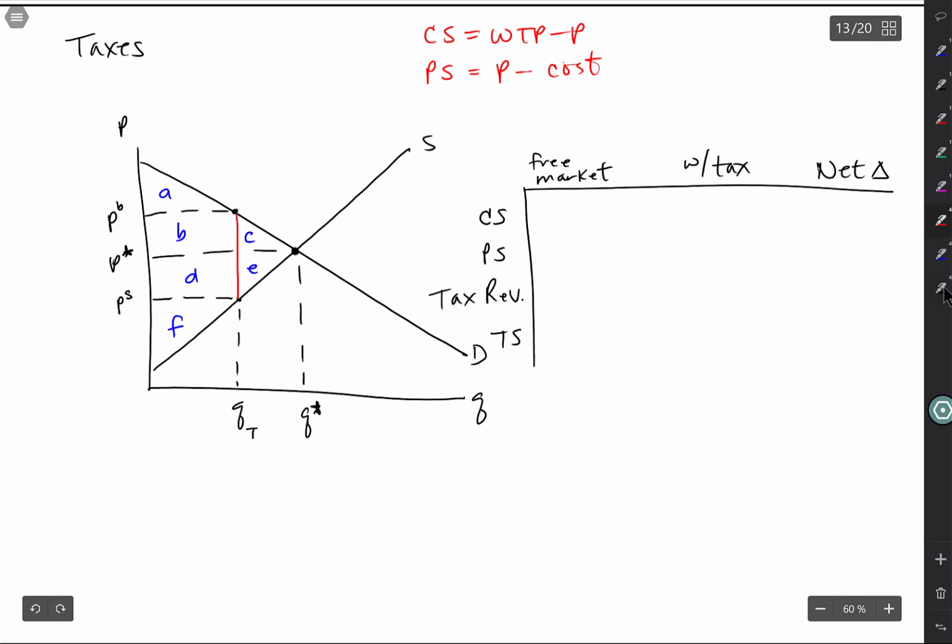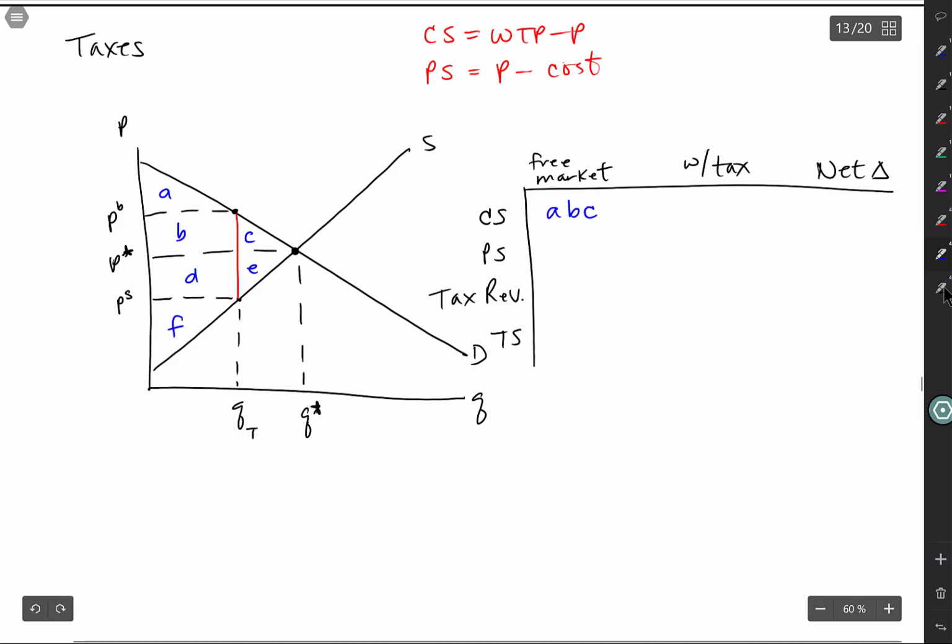And so if we ask ourselves, first of all, under the free market outcome, what's consumer surplus? Well, they're getting Q star units, and the price is P star, and here's willingness to pay up until Q star units. Therefore, consumer surplus is what? A, B, and C, right? The difference between the demand curve and price up until the amount of units that they end up buying.